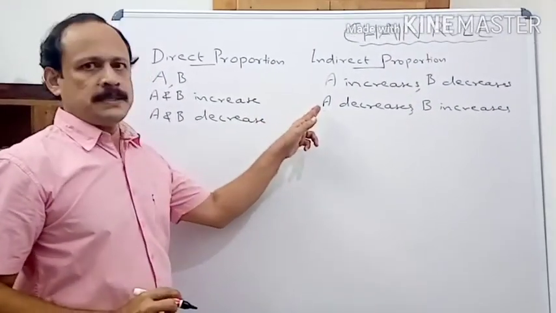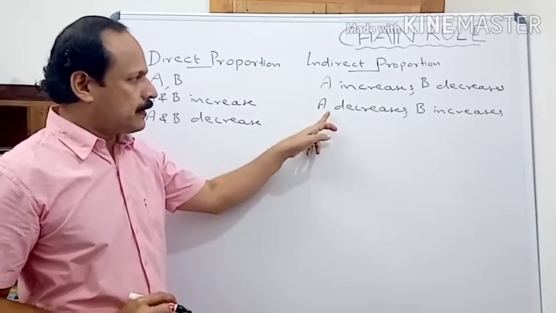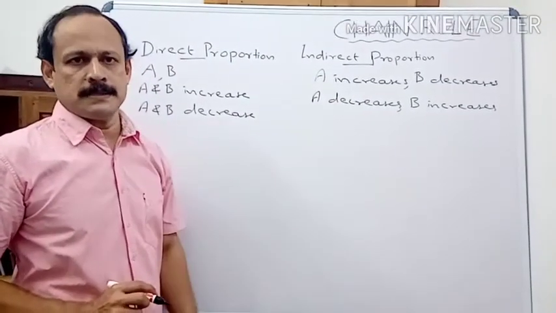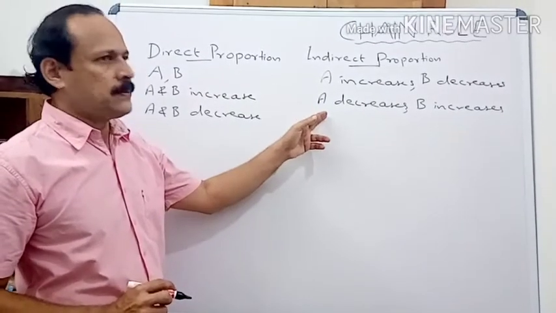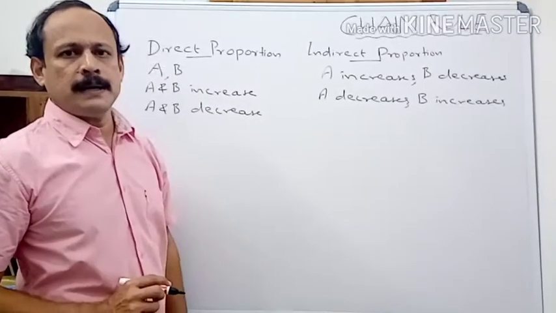That is, one quantity increases, the other one decreases, or one decreases, the other one increases. The quantities have opposite nature. Then we say that they are in indirect proportion.